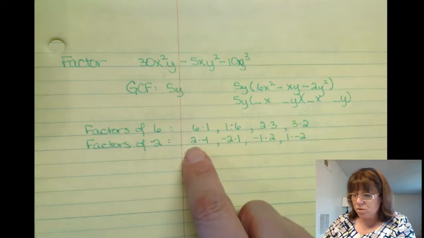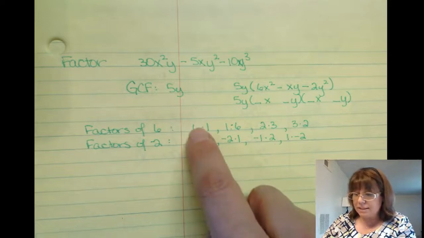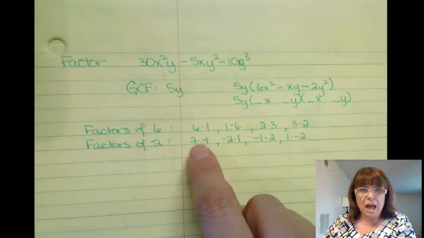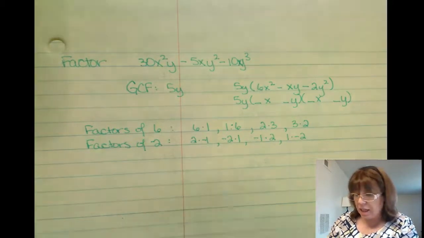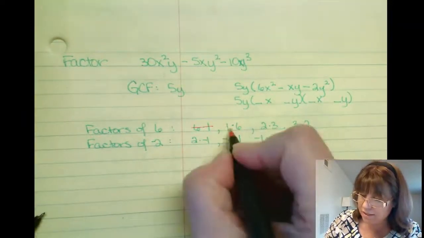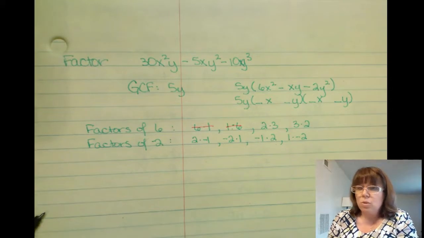But 6 times 2 won't get me there. Also, a 6 times a 1 and a 2 times a 1 will either be a 4, negative or positive, or an 8, negative or positive. Because of that, I can immediately rule out any combination with the 6 and 1. I just eliminated half my workload.